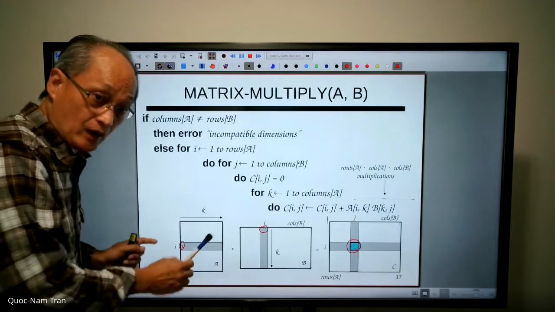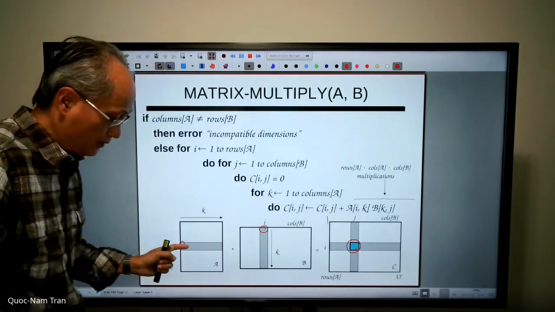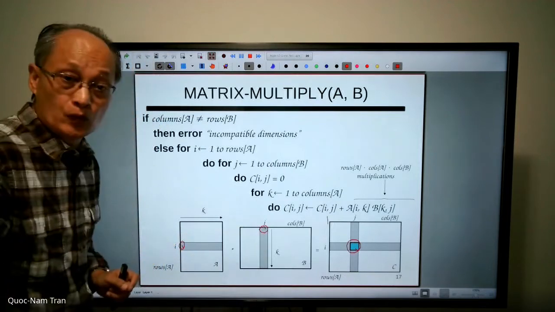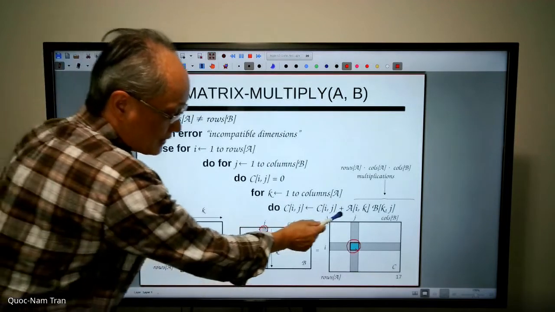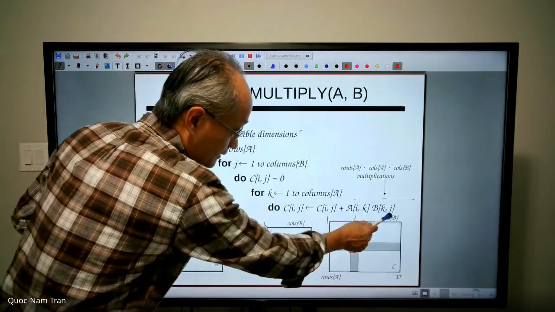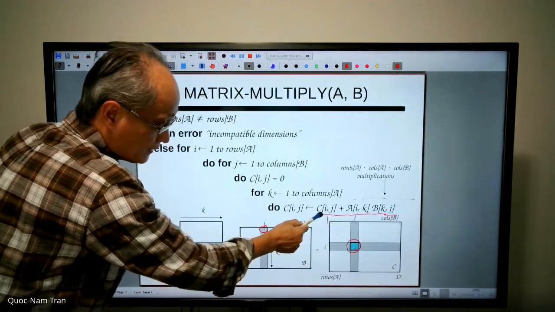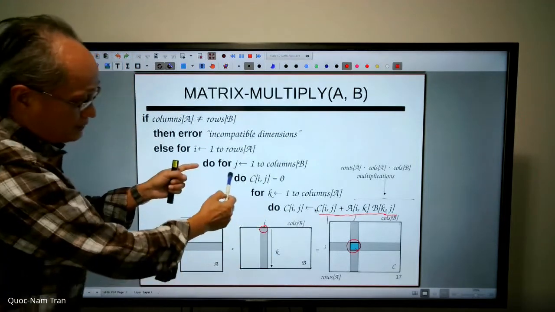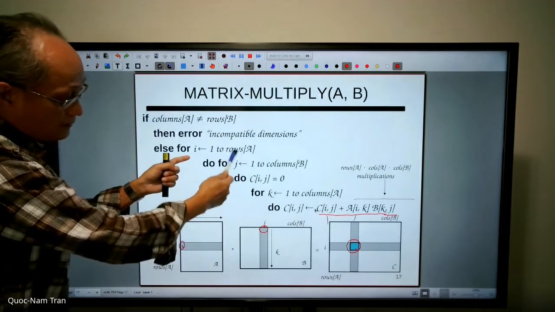I will go this way and J will go this way, and we accumulate them. So we accumulate the result into Cij, and then finally, after we finish the loop, yeah.